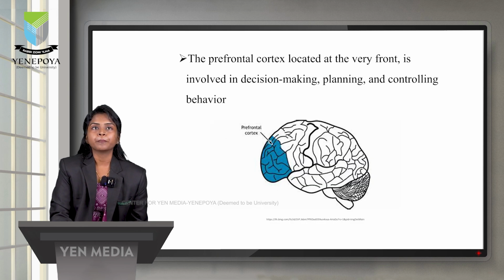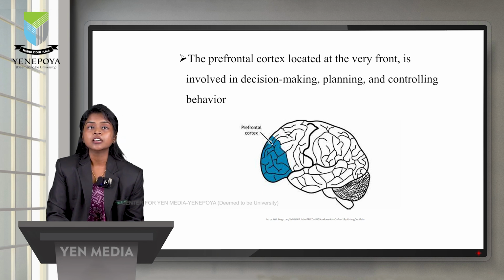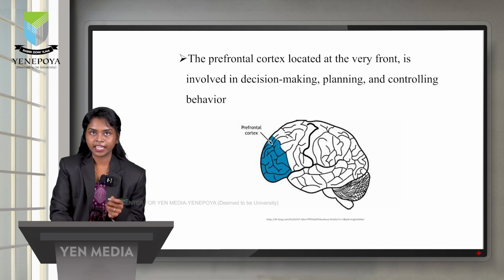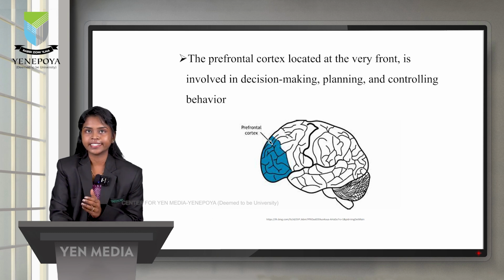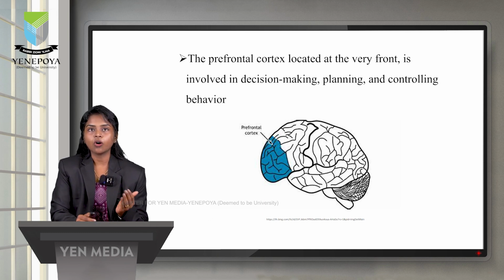Next is the prefrontal cortex. The prefrontal cortex is located at the very front of the lobe, and it is involved in decision making, planning and controlling behavior. Decision making means the things which have to be done per day, and planning means how I can do all these activities at particular timings.